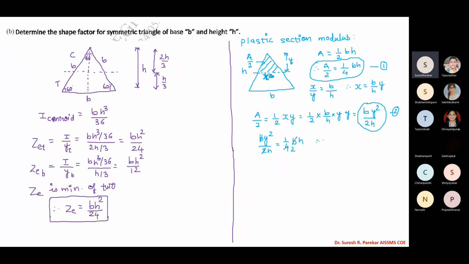Therefore Y square equals H square by 2, and Y is equal to H by root 2. As Y is H by root 2, we put it in this equation. We get X equal to B by H into H by root 2, equal to B by root 2.